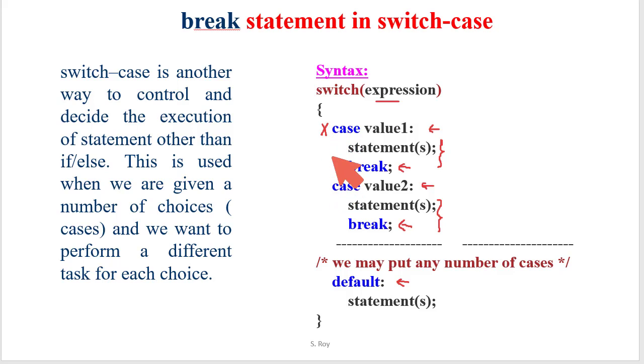The execution will keep checking further. The value of this case is matching with the expression, so these statements will be executed. When this break statement is executed, further execution will be terminated. It will come out from the switch block. So this is the end of the switch block, so it will come out here.